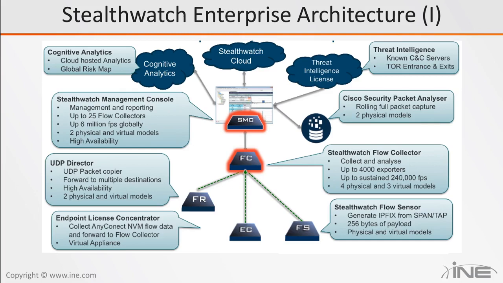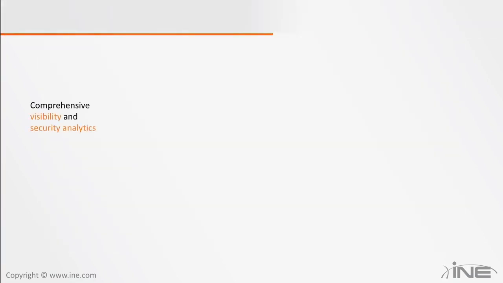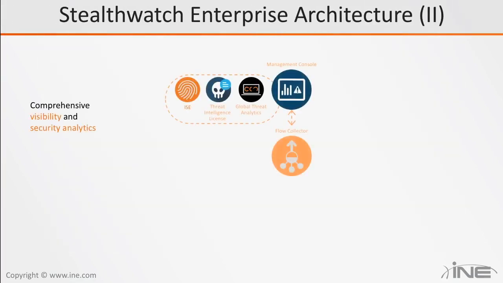Now let's see how this data flows through and what happens to the data. Firstly, for contextual analysis on the data collected by the Stealthwatch Management Console, it uses ICE. It can use the intelligence license. It can use global threat analytics. ICE is the one which provides user identity, and it can provide details about which IP is being used by which user.